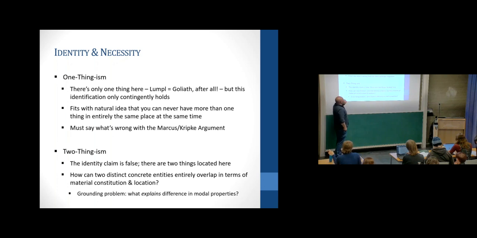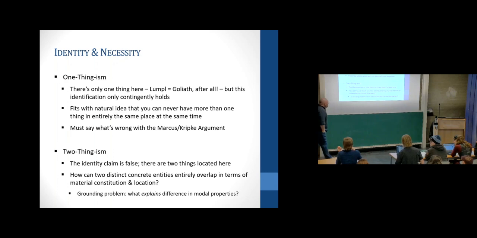And if you go with two-thingism, there's a further challenge lurking, which is something particularly difficult. The deep, dark challenge here is not just explaining the distinctness, but explaining what causes the distinctness.